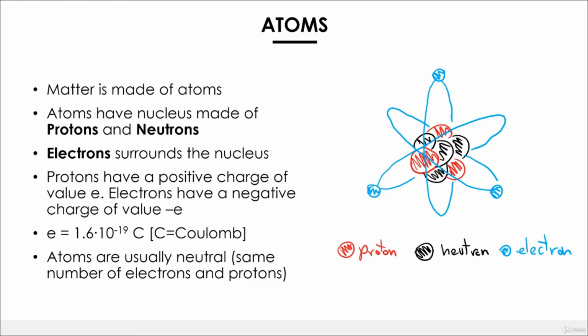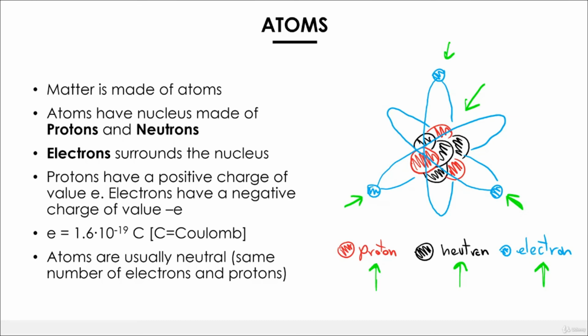On the right, I try to represent the structure of the atoms. There is a central part, which is the nucleus, which is made up of protons and neutrons. And then we have a third type of particle, which is the electron, that is floating around the nucleus. You can see here there is like a cloud of electrons around the nucleus.